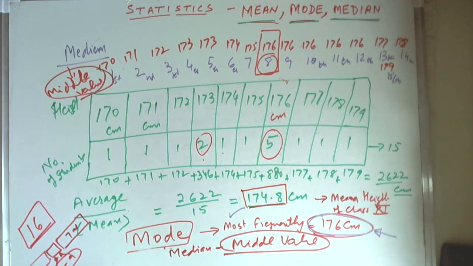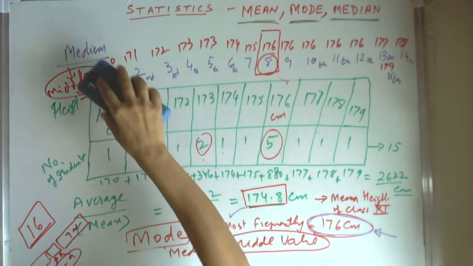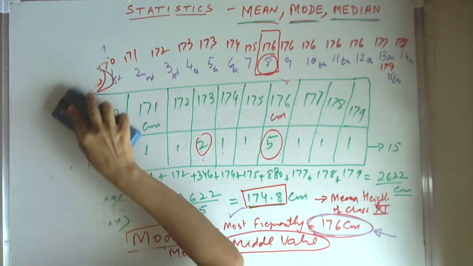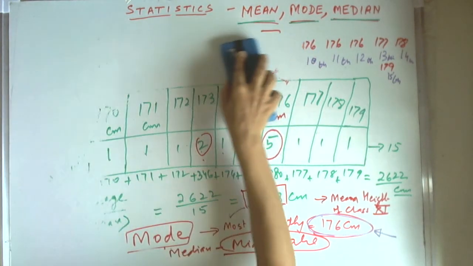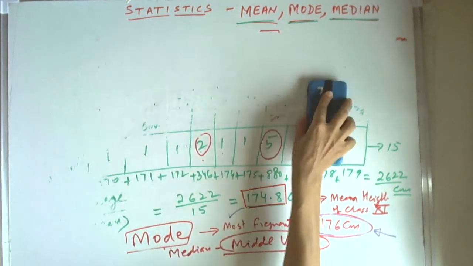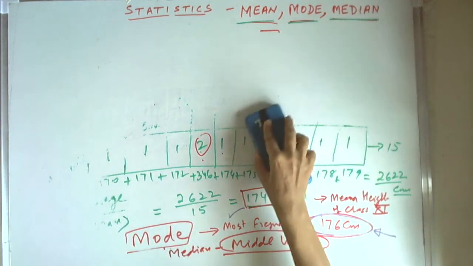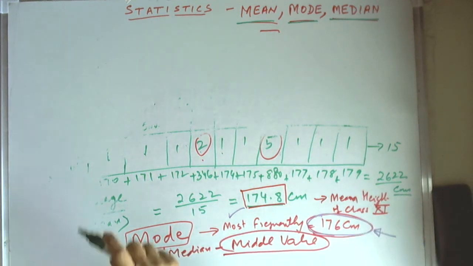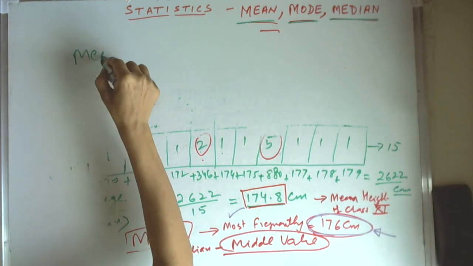So let us recapture what is mean, what is mode, and what is median. So I basically write again for summarizing. So mean is the average.